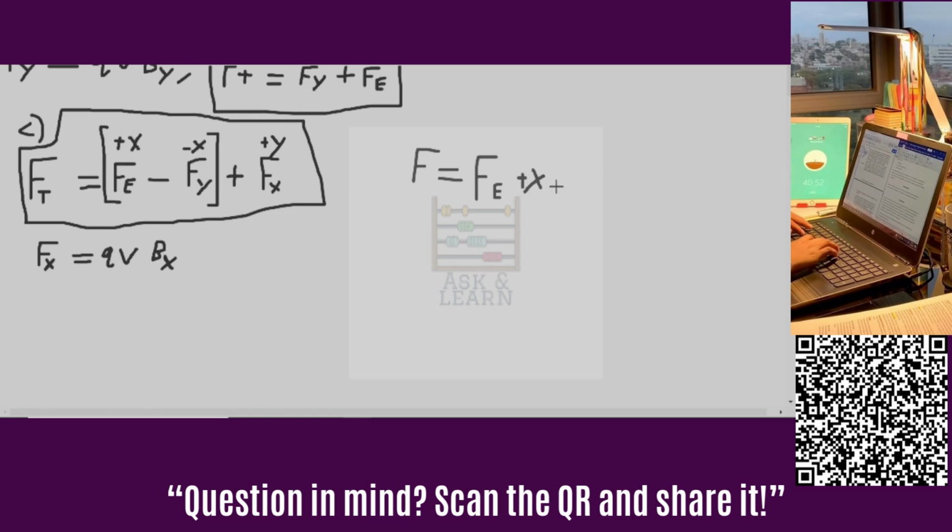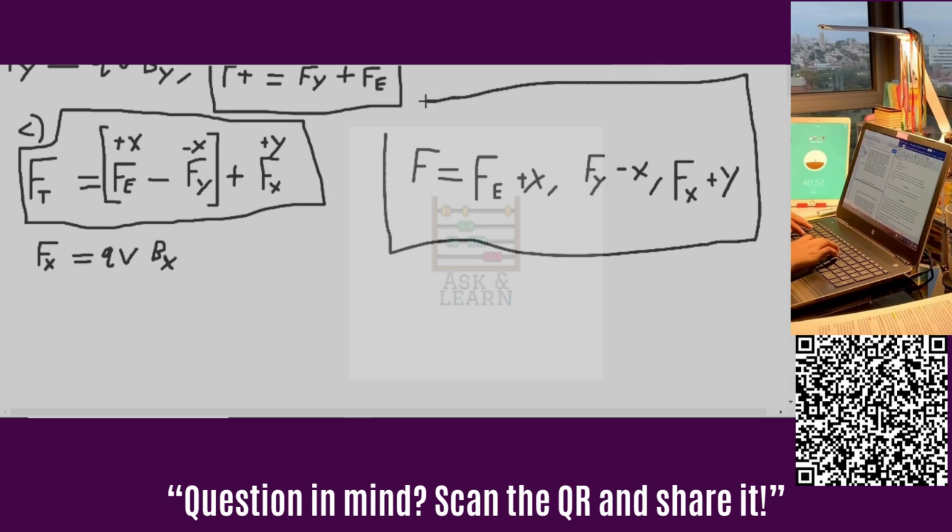We have the force from the y component of the magnetic field in the minus x direction. And we have the force from the x component of the magnetic field in the positive y direction. Or you can write it like this. These are both two separate ways of writing the same thing. And this here is the final answer.